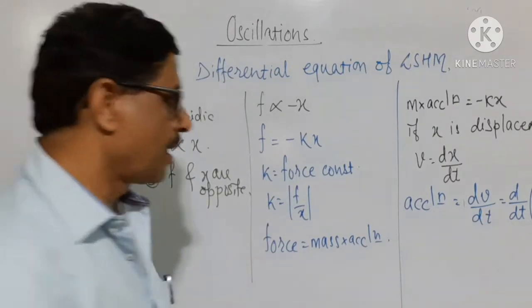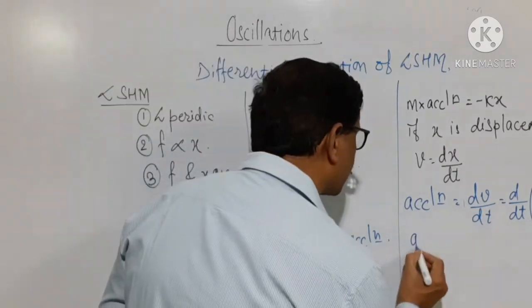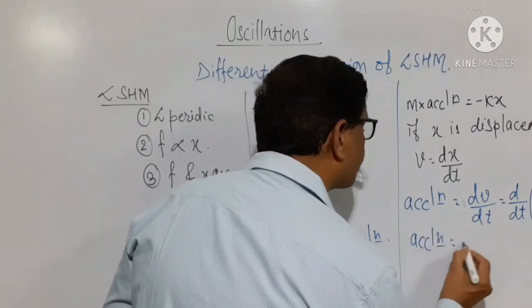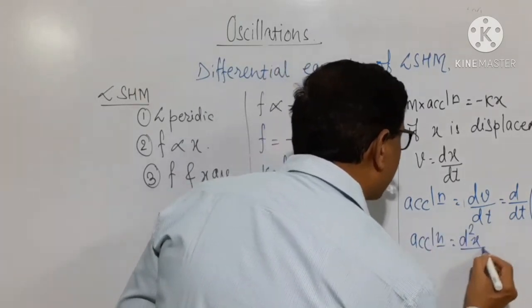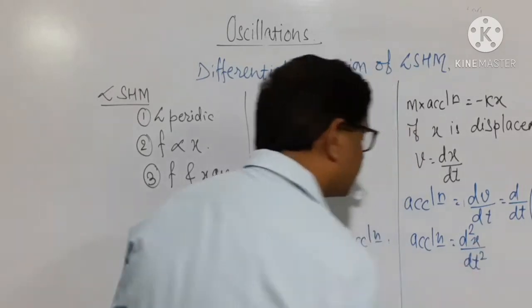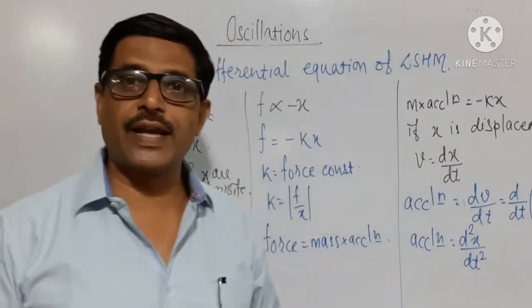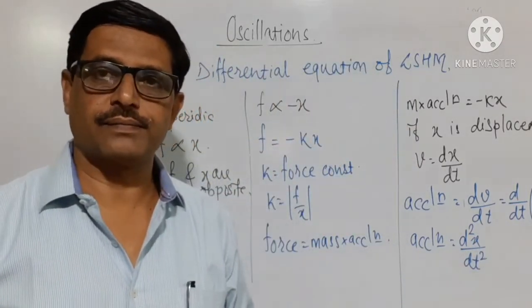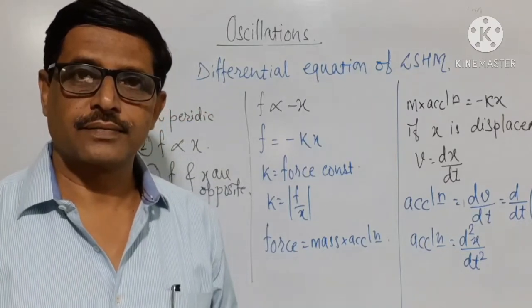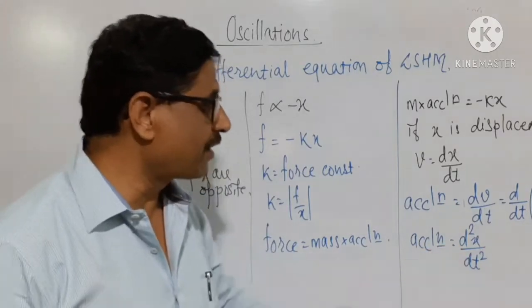Therefore, I will write acceleration equal to d2x divided by dt square. Acceleration is the double derivative of displacement. It is the second derivative of the displacement.